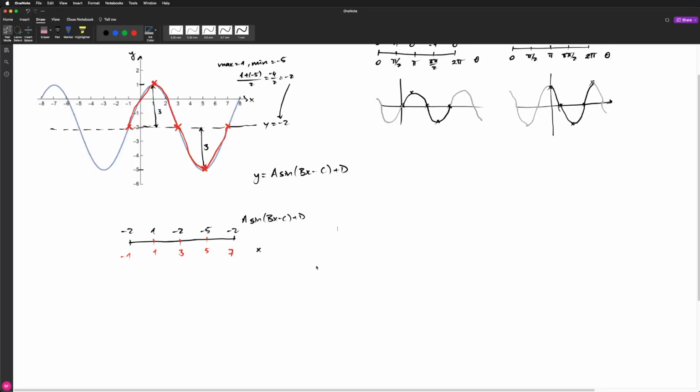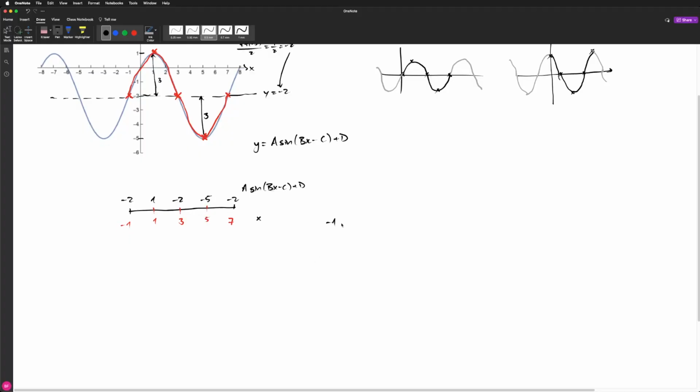I'll do it in 2 steps. Step 1, I'll deal with the horizontal transformation. Everything for my x happens between -1 and 7, whereas for bx minus c, what goes into sine, everything should happen between 0 and 2 pi.